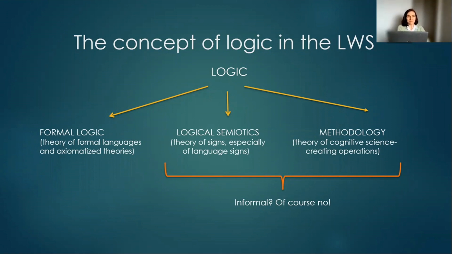So if we now look at the presently introduced formal and informal distinction, we may ask, does it mean that logical semiotics and methodology is informal logic? Of course, no. We may also approach logical semiotic problems and study methodological problems with formal tools. So we may say that all these areas of logic intervene and they influence one another.